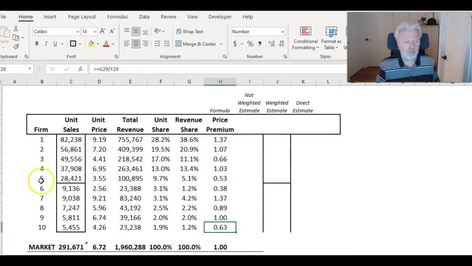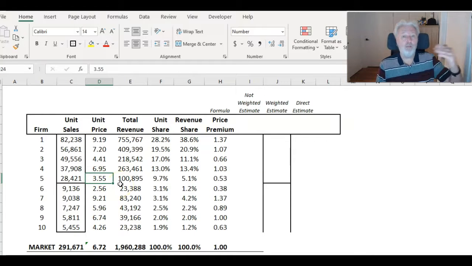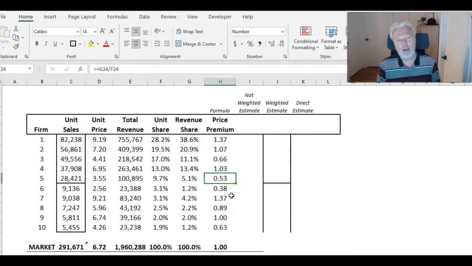So for example here, firm 5 has the lowest price premium at 53%. So it's 53% less than the average. So it's well below the market leader. As you can see, their price is $3.55. Up here, we've got $9 and $9. So it's about a third of the market leader, but compared to the average, it is about half the average price.